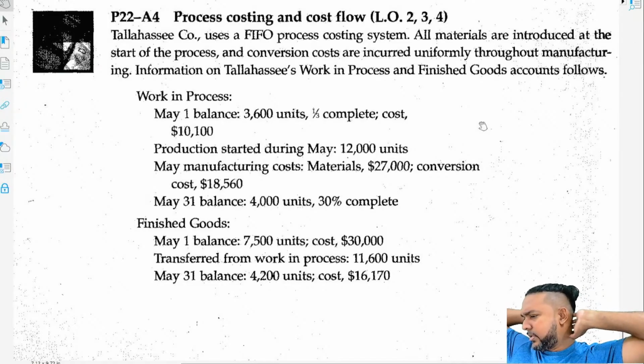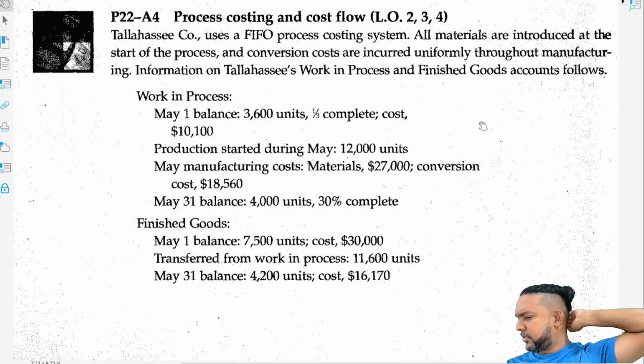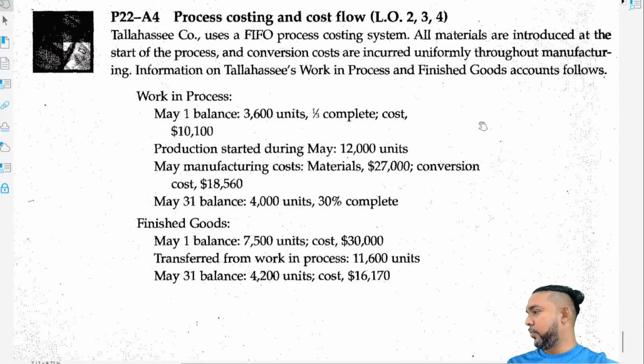Right, costs assigned. Okay, cool. Let me see. Right, 36 and 12 is 15.6 to account for. And 7.5 and 4.2 is 11.7.